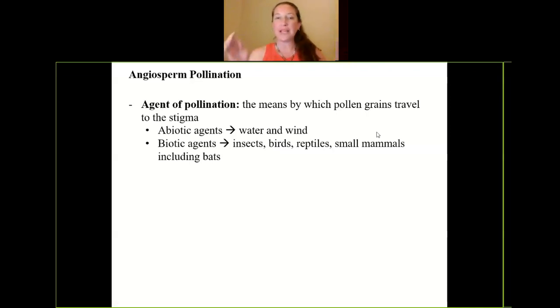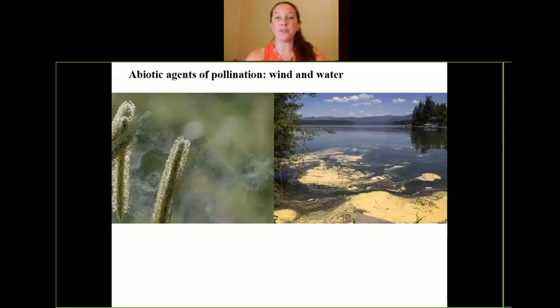Agents of pollination are the things that bring pollen from an anther to a stigma. They can be abiotic agents like water and wind, and they can be biotic agents, which we'll look at here: insects, birds, reptiles, small mammals, and even bats. So here is an example of an abiotic type of agent of pollination. On the left, you see wind. On the right, you see water vectoring the pollen.